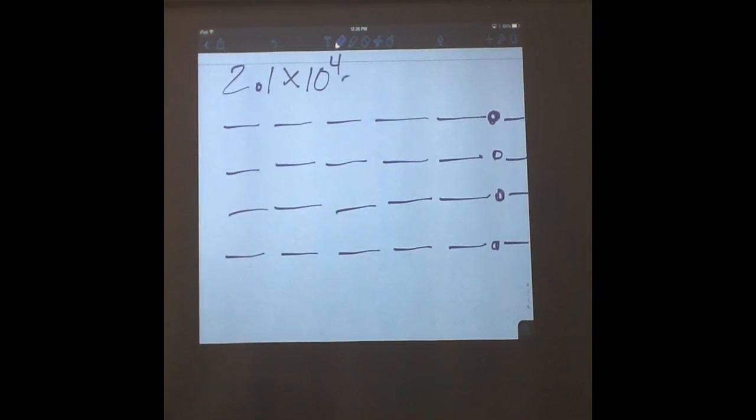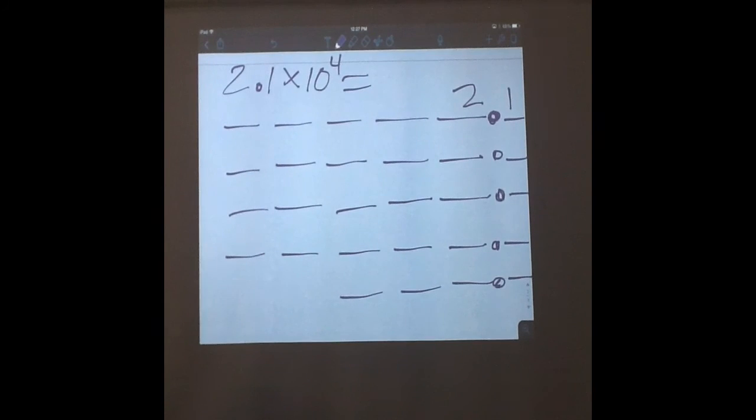How do we write this? Well, we're going to put the 2 where? In the ones place. And then where do I put the 1? I put it in the tenths place. And now how many places over am I going to be moving these? 4. So I'm going to need another row below, aren't I?